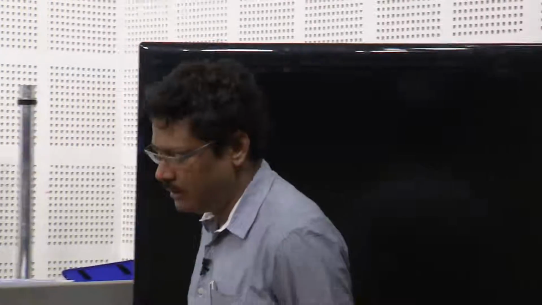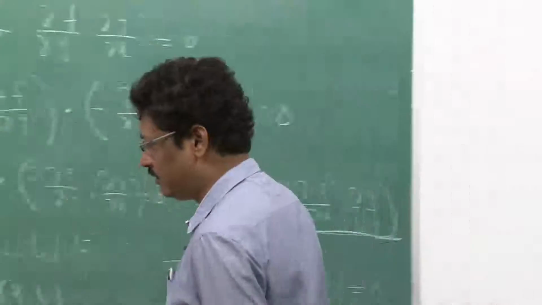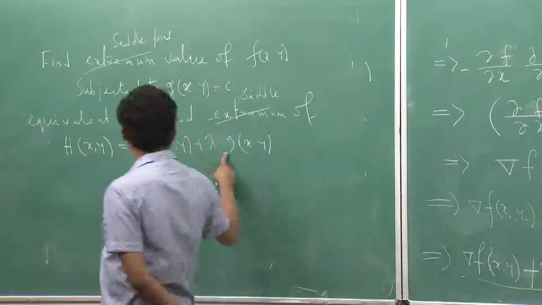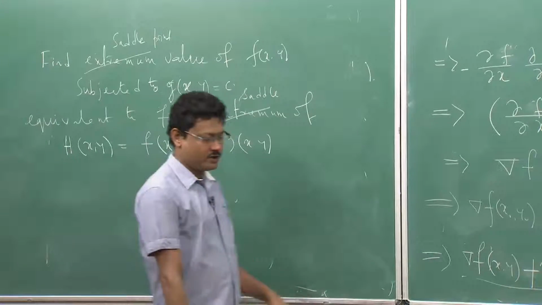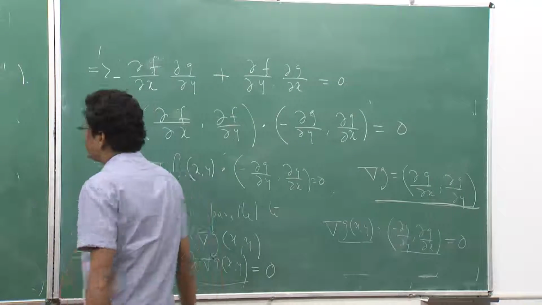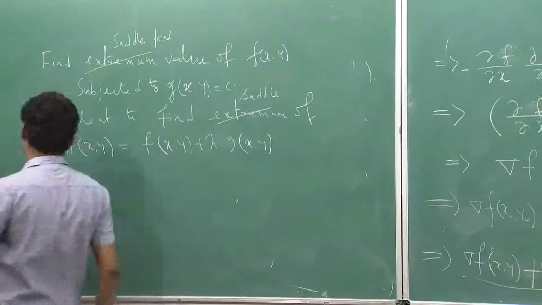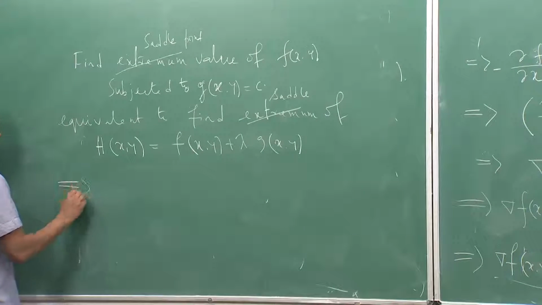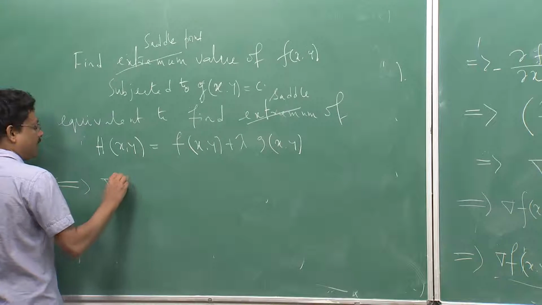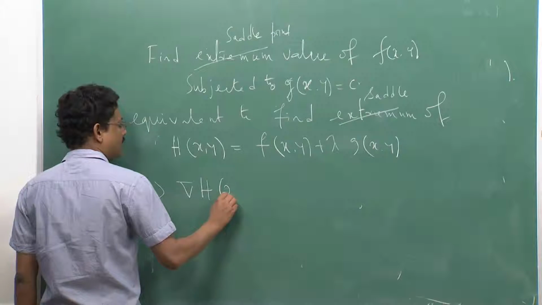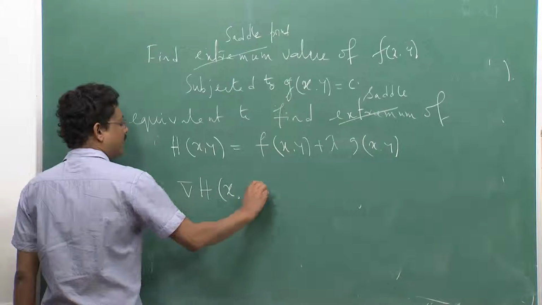Now, how do you do it? Well, there are 3 variables here, x, y and lambda. Lambda you do not know, right? This is for some lambda. So, this is same as saying grad h at (x naught, y naught) is 0.